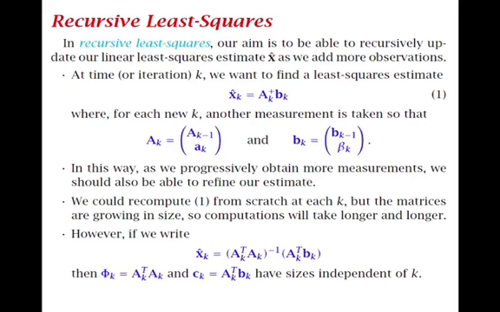At time or iteration k, we want to find a least squares estimate xk equal to ak inverse into bk, where for each new k another measurement is taken, so that Ak equals Ak minus 1 and ak, a matrix with column 1 and 2 rows, and bk equals a column matrix of bk minus 1 and beta k. This way, as we progressively obtain more and more measurements, we should also be able to refine our estimate.